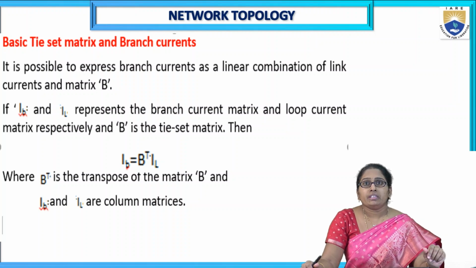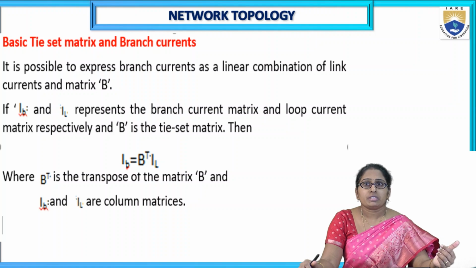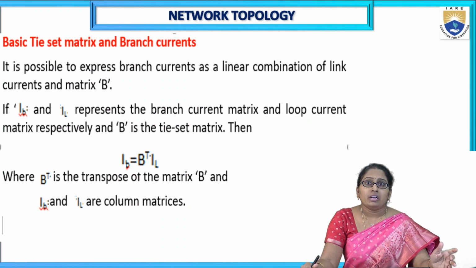The branch currents are found using the tie-set matrix B and the link currents.